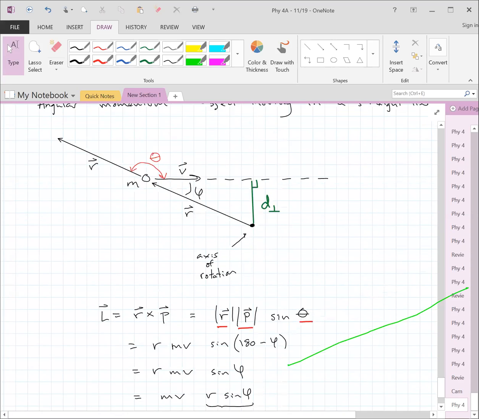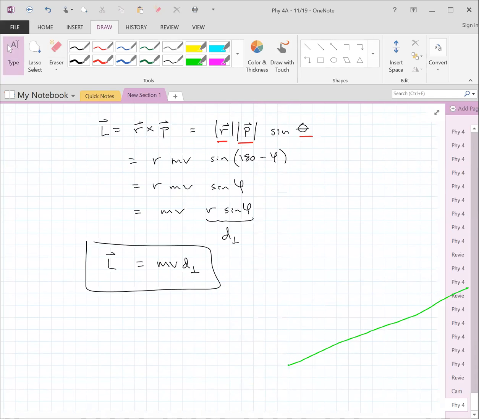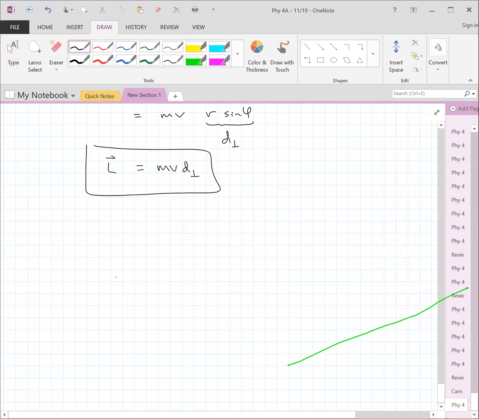So let me do this at a split second later, right? So at time 0, we've got our mass and our velocity and our axis of rotation. And at some later time, it's over here. And at some later time, it's over here. Right, the object is moving to the right.